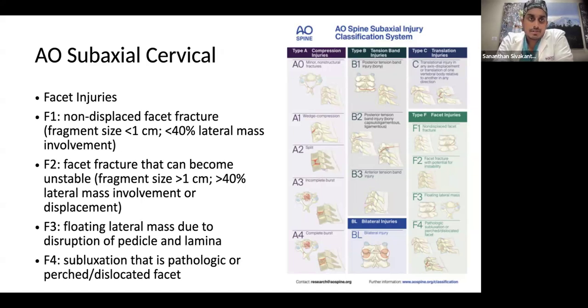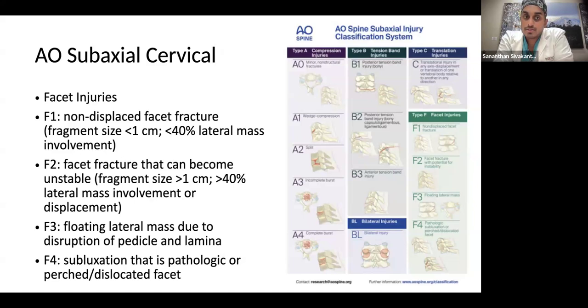Finally, there are the facet injuries. They start as insignificant, non-displaced facet fractures with less than 1 centimeter fracture size and less than 40% lateral mass involvement, and then progressively increase into more destabilizing injuries, such as facet fractures that are potentially unstable, with greater than 1 centimeter displacement and greater than 40% lateral mass involvement.